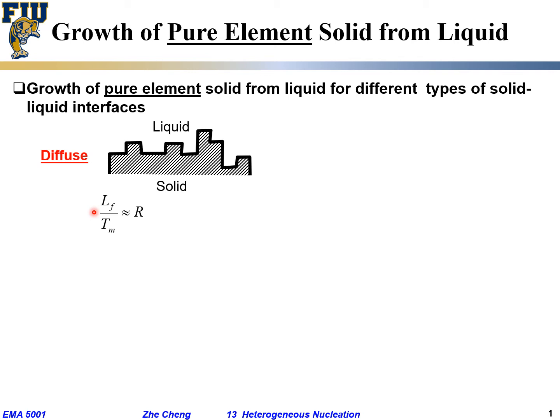Latent heat of fusion. If this ratio is roughly R, actually this ratio, remember we did it earlier, is essentially the entropy change from liquid to solid. If it's roughly R, the gas constant, then these types of material would have a so-called diffuse interface, which means at the atomic level it's diffuse, not flat, going up and down, zigzagged.